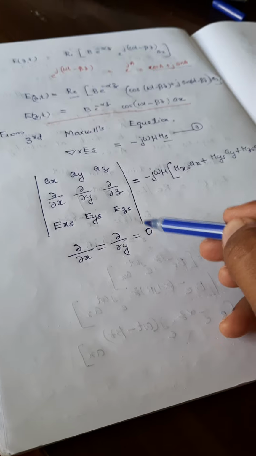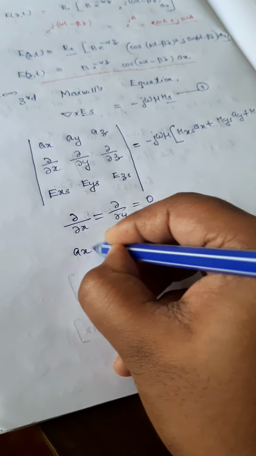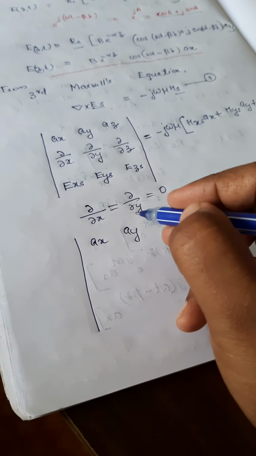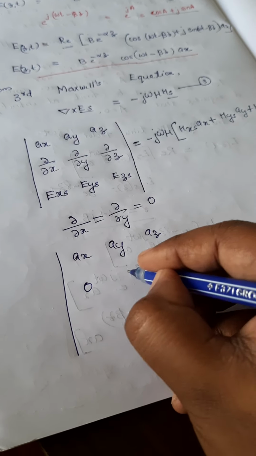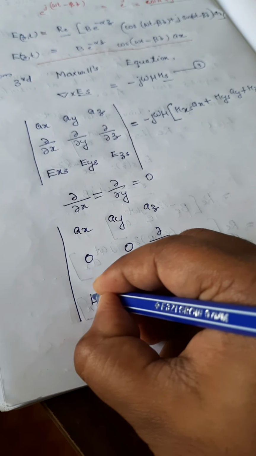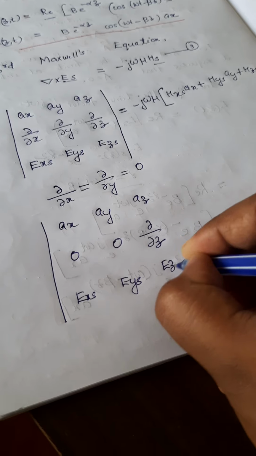So our determinant can be written as the determinant of Ax, Ay, Az. Dou by dou x becomes 0 and dou by dou y becomes 0, and the remaining is dou by dou z, then Exs, Eys and Ezs.